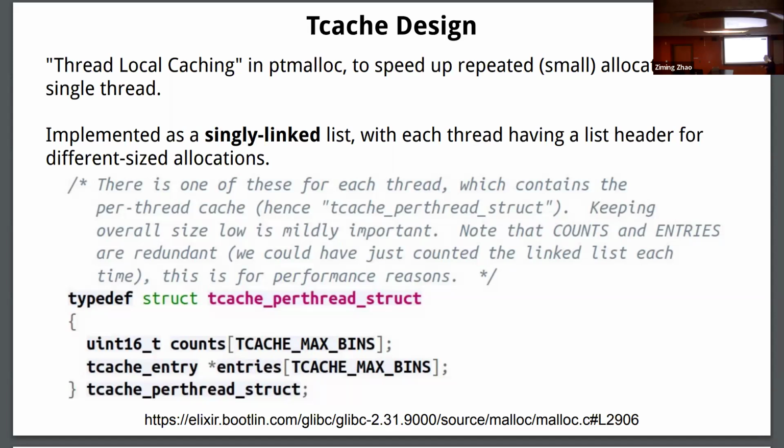Then this is like a global variable for each thread. Each thread has many bins for different sizes of memory, like 16 bytes, 32 bytes, 60 bytes, small memories. We're not talking about something like 4K.